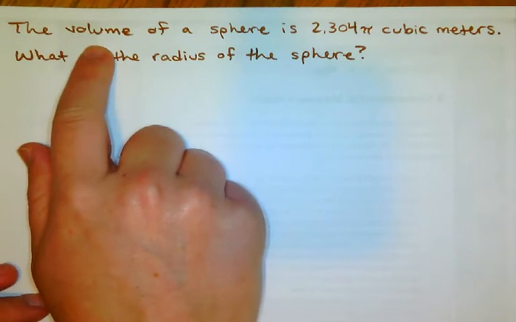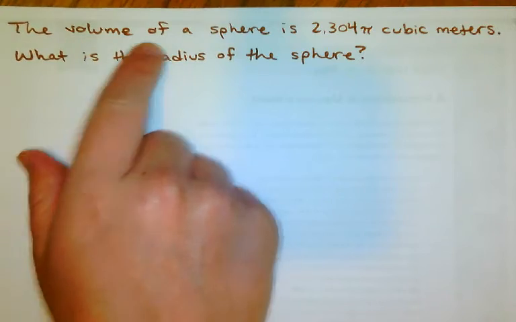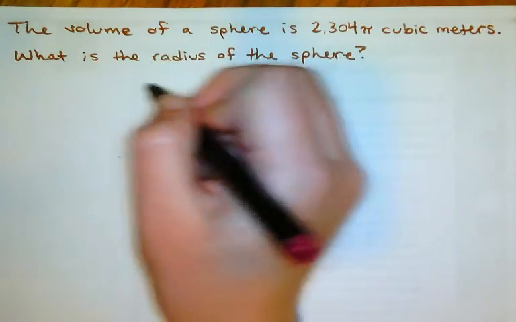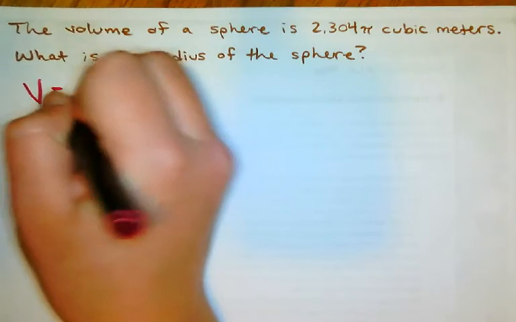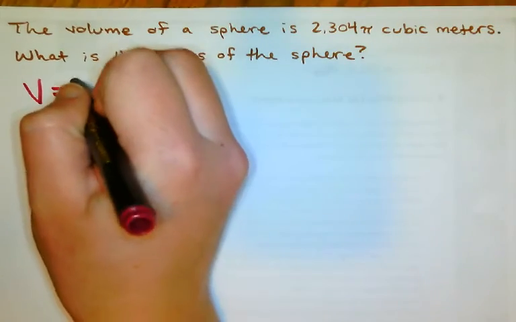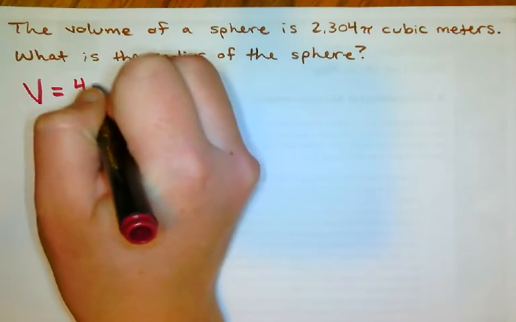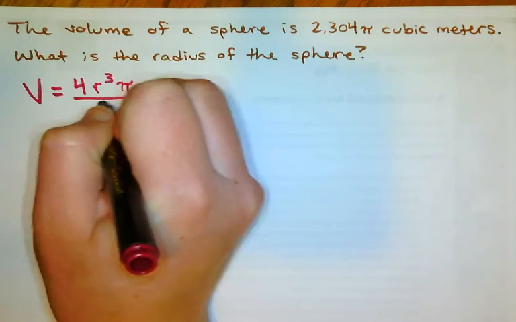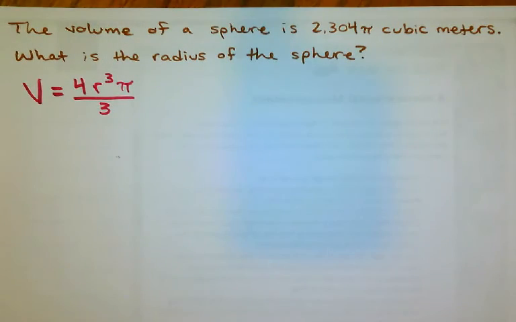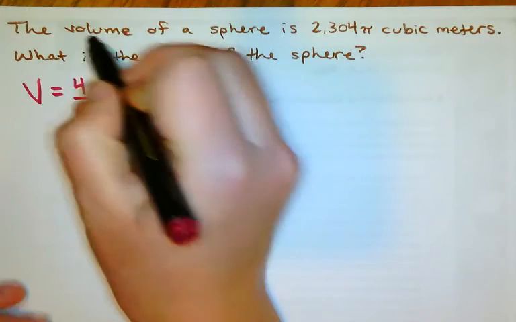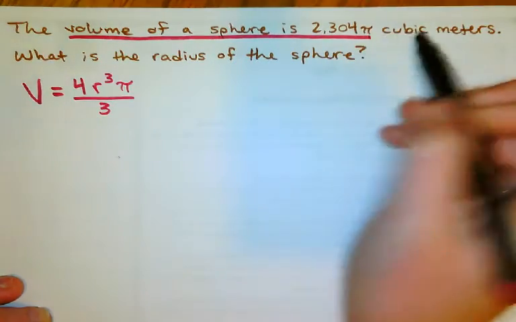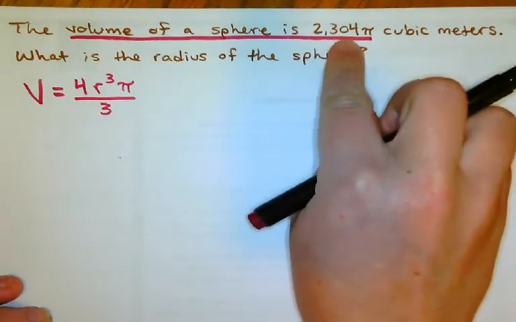They tell us that we know the volume. Alright, remember, volume of a sphere was our 4r cubed pi divided by 3. And here they tell us the volume, so the V is right here, 2,304 pi.